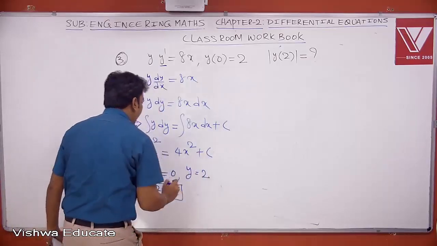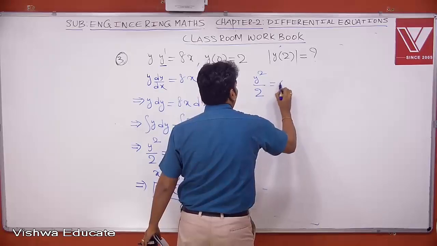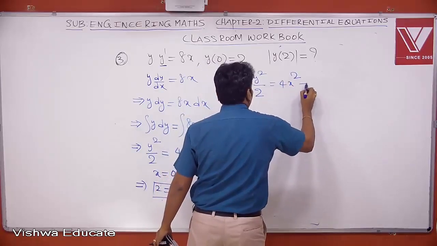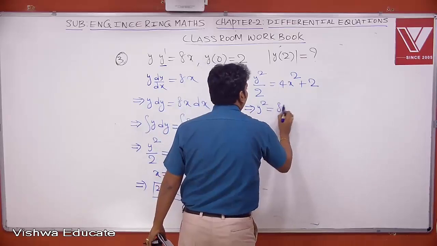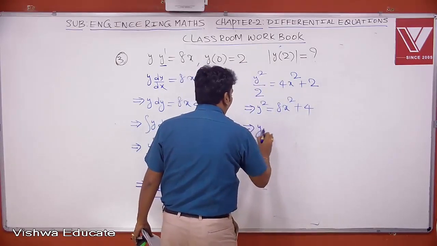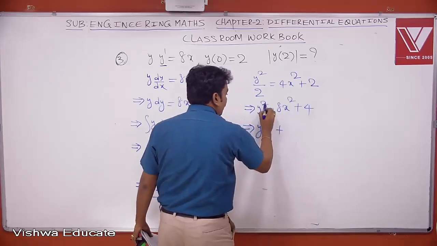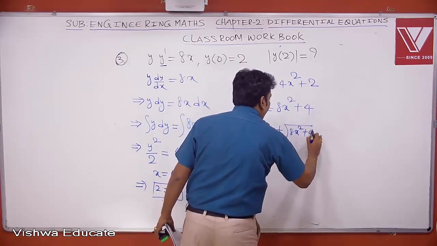Substitute c value 2 here. We get y square by 2 equal to 4x square plus 2. This implies y square equal to 8x square plus 4. So this implies y equal to plus or minus square root of 8x square plus 4.